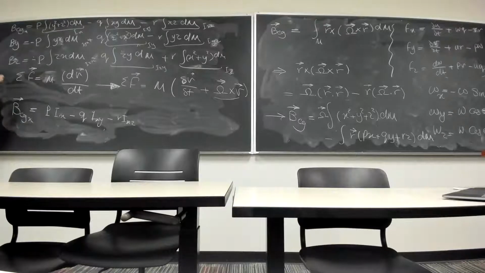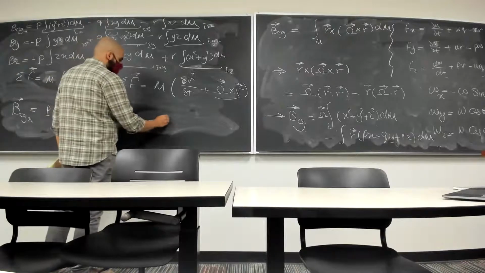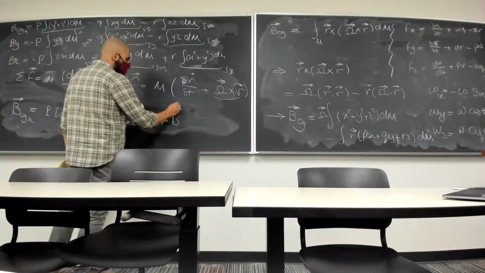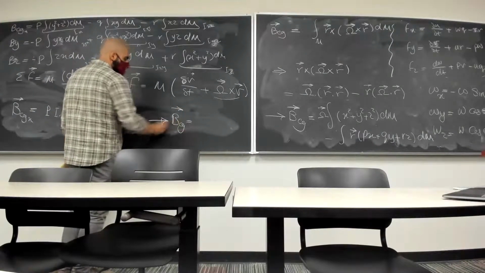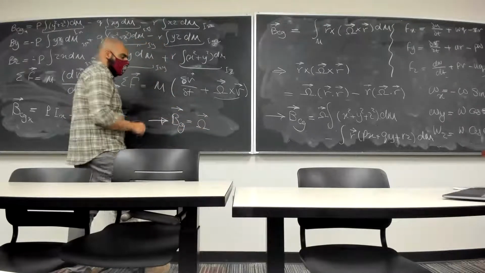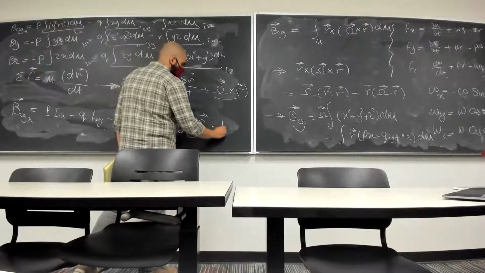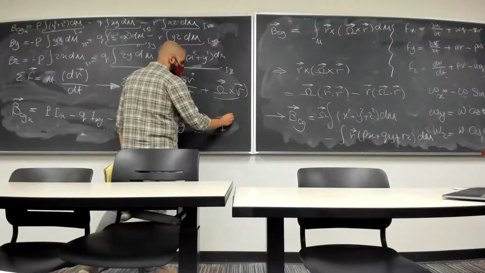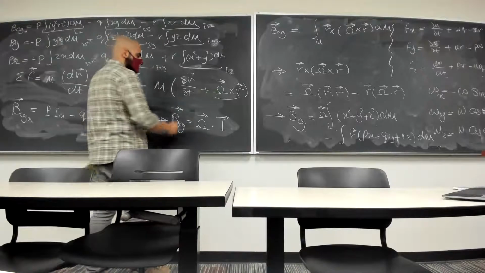BCG of y is going to be P Iyx minus Q Iy minus R Iyz, right? All of those. This essentially means that your vector B is your angular velocity, which is a vector, multiplied by your moment of inertia tensor.